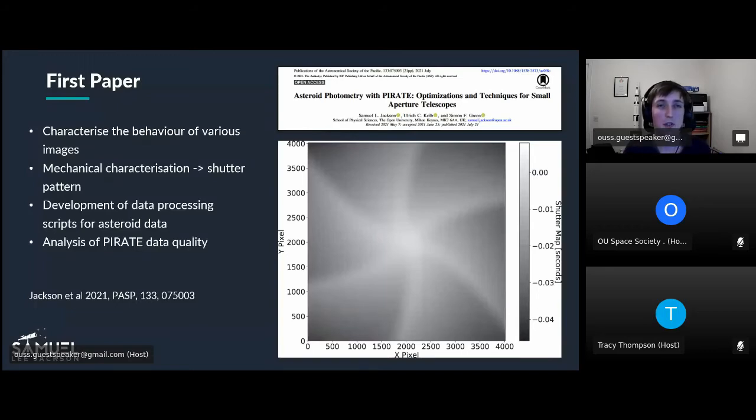Now, like I said, I'm not going to go through any more on this. It's quite detailed, so if you do want to read more, the paper is available free open access from the Publications of the Astronomical Society of the Pacific. If you do want to read it and you can't find it, just let me know and I'll be happy to point you in the right direction.